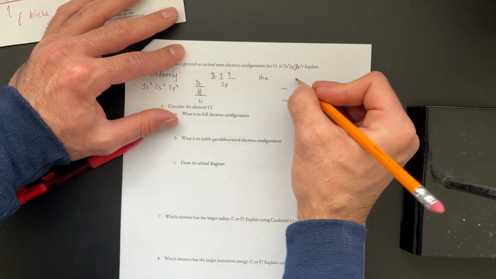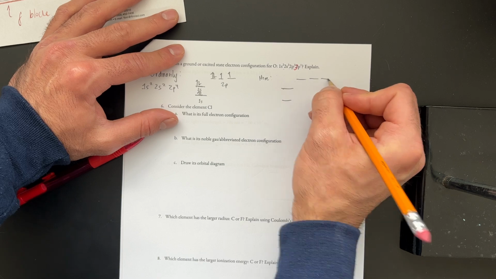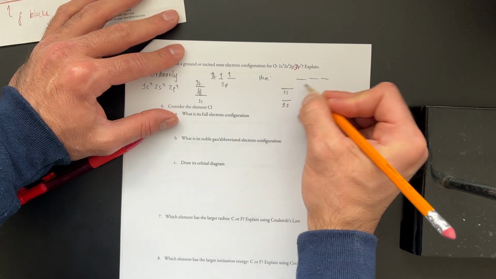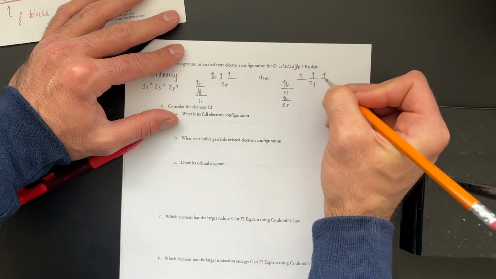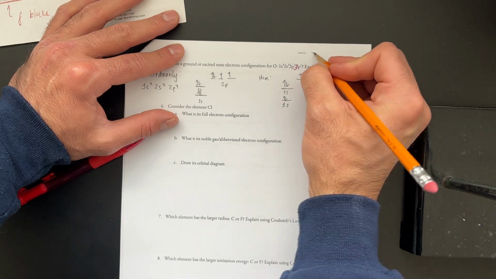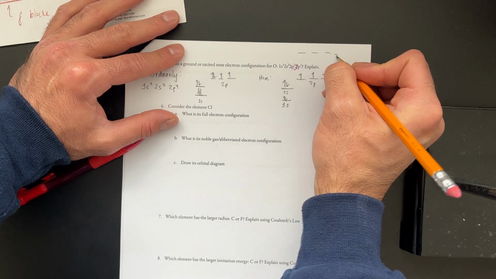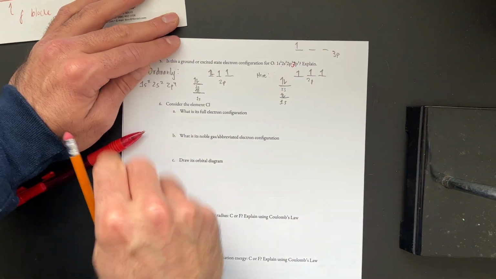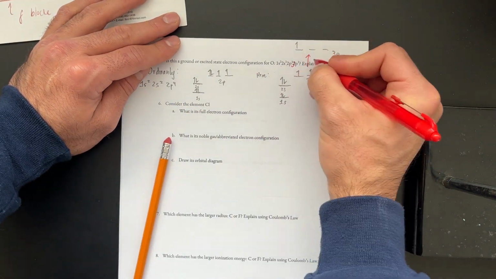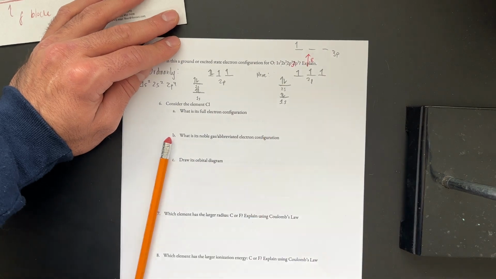What happened to that extra electron? Well, what must have happened is it must have gotten excited. There must have been an influx of energy that resulted in it going up to the 3p level.